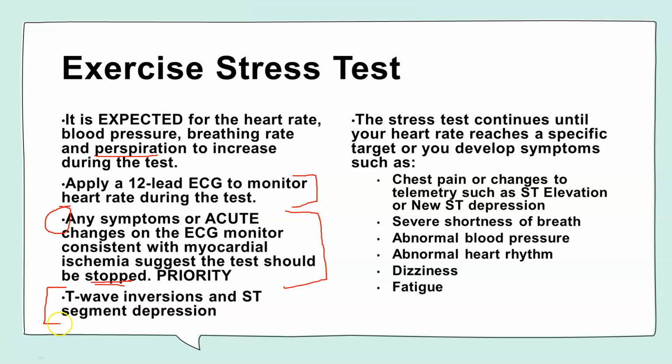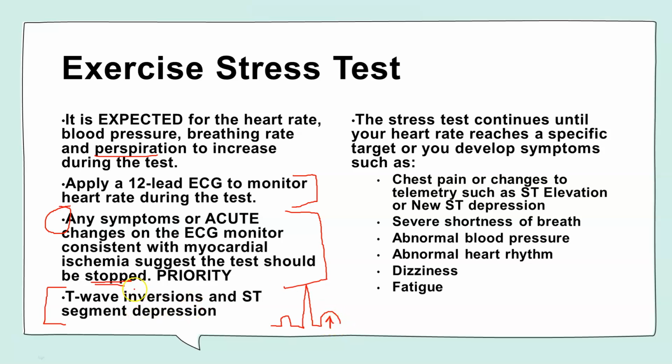We're going to look for ST segment inversions, T-wave inversions, and ST segment depressions. I haven't really talked about T-wave inversions yet. All T waves, drawing it down here at the bottom again, should be upright. So they should go like this.